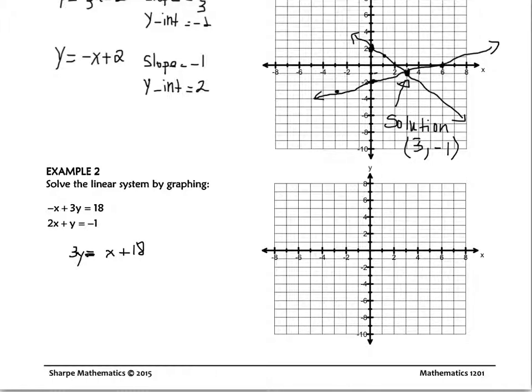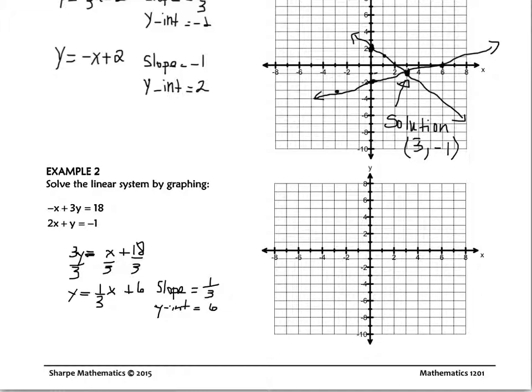And then we would divide everything by 3, and that would give you y equals 1/3, that's understood to be 1/3 x plus 6. So we know the slope of this particular line is 1/3, and the y-intercept is 6.